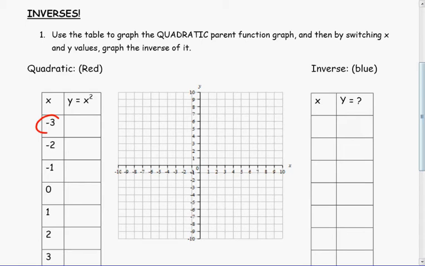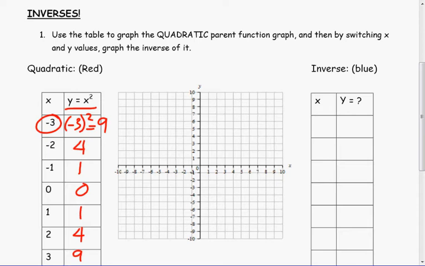So when we plug in -3 for x into the equation y equals x squared, well, -3 squared is simply 9. So we'll continue to fill out the table that same way. -2 squared is 4, -1 squared is 1, 0 squared is 0, 1 squared is 1, 2 squared is 4, 3 squared is 9.